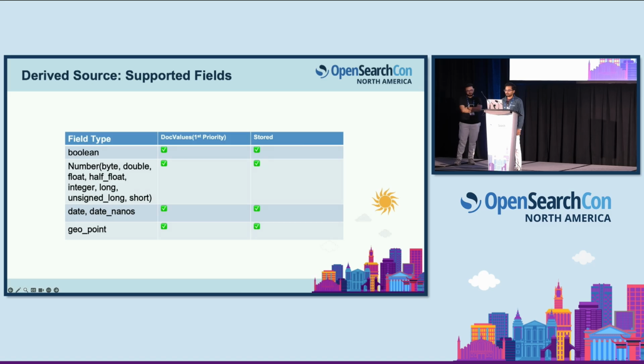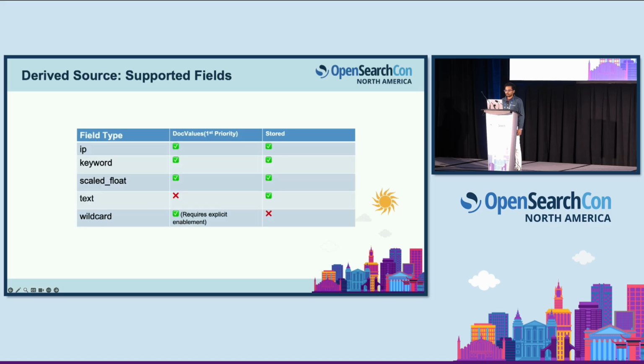Because in geopoint there can be a lot of ingested formats like geohash, then point format. So it will basically convert it to lat long format, and it will give the reconstructed source there. Now moving on to more fields, we have IP, then keyword, scaled float, tags and wildcards as well.